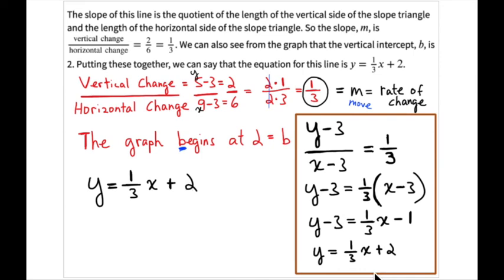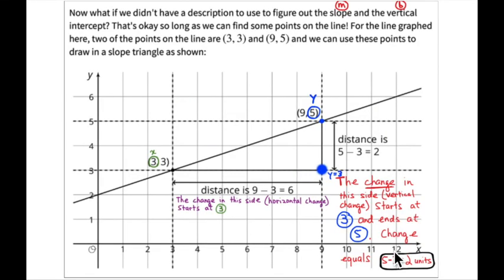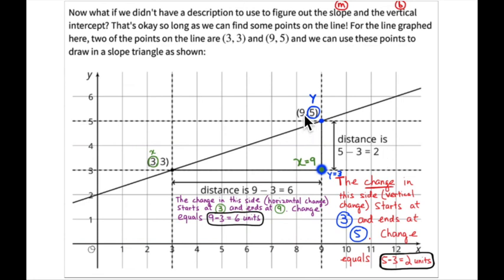It has to. So let's say they give you 9 for the x coordinate. So 1/3 of 9 is 3. And then from that 3, you have to add the 2 units right here.